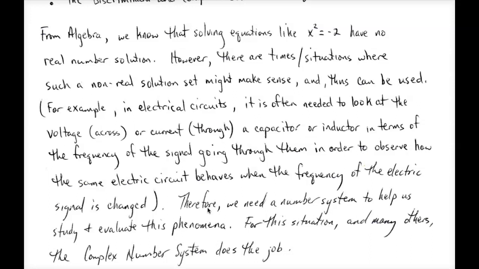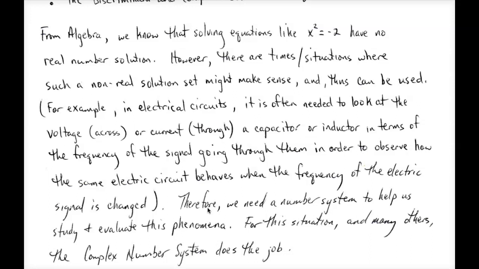Now, complex numbers are used in applications such as electrical circuits, in trying to characterize, let's say, and I'll put in air quotes, the resistance of a capacitor or an inductor, because capacitors and inductors don't necessarily act like resistors. But of course, if you're not in that field, you may not understand that, but that's fine.